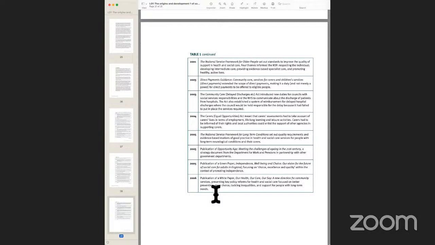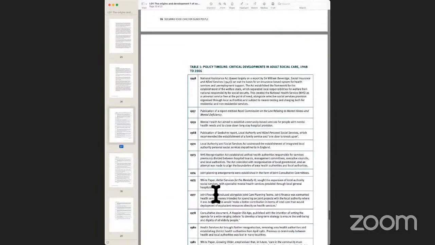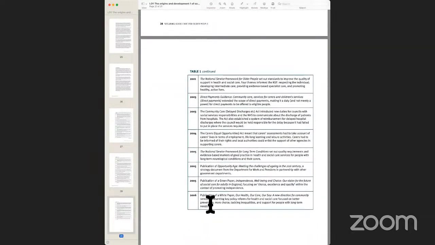So this timeline in terms of the table covers the series of events which have happened from 1948 up until 2006. But I have summarized the major parts of it, which have led to the creation of social and welfare community provision as a whole in the context of this particular unit.